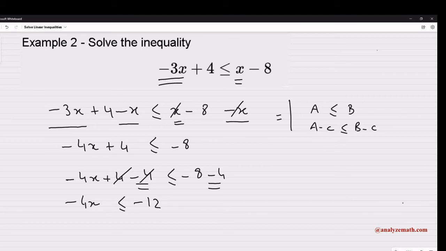Good. Now I have negative 4x and I need x. So to do this, I need to divide by negative 4. Why? Negative 4 divided by negative 4 gives me 1. Same thing here. Now here we have to be careful.